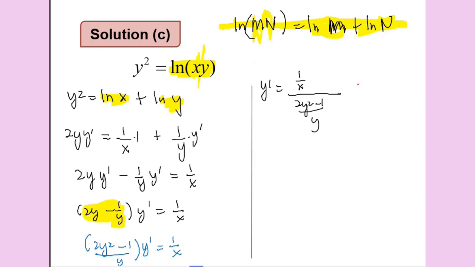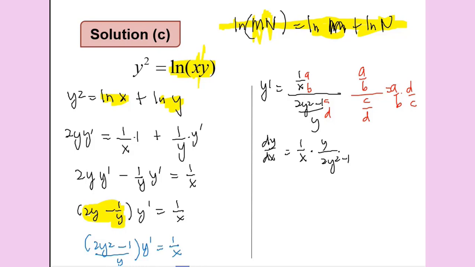Concept, a over b over c over d is equal to a over b times d over c. A over b, c over d. And is equal to call dy dx, a over b times d over c. Okay, and then adjust y over x times 2y squared minus 1.